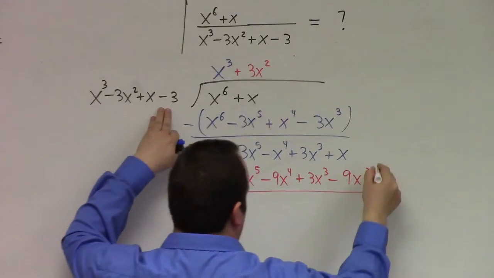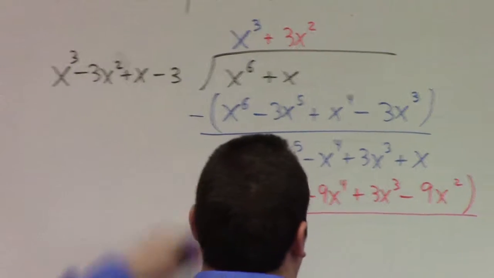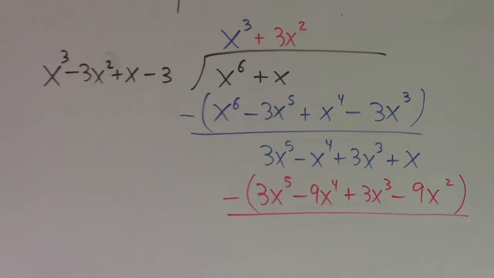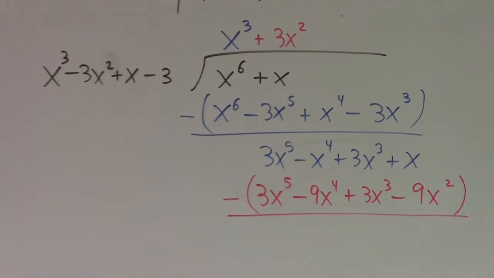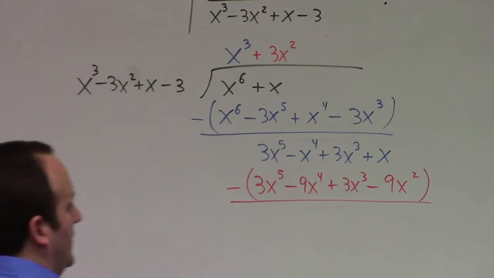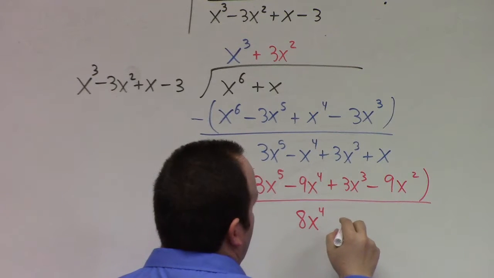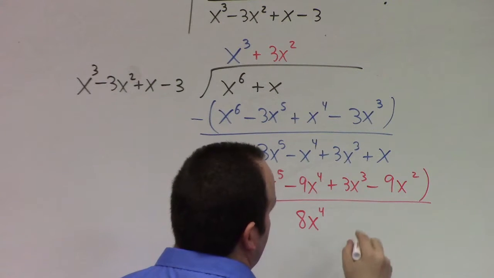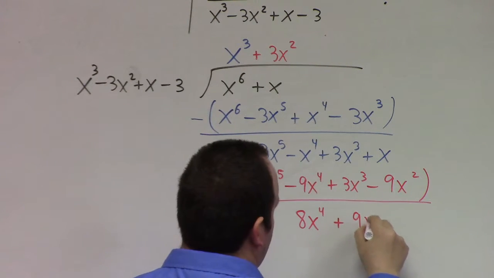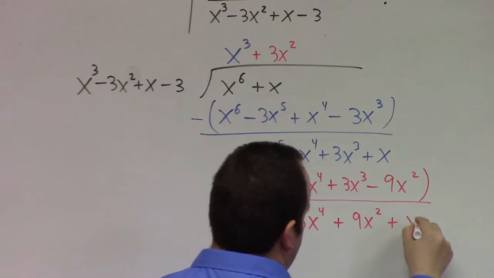Put some parentheses to remind myself I have to subtract that bottom term in red. Of course, the 3x to the 5ths cancel, and we get 8x to the fourth. Oh, those cancel. Cool. Plus 9x squared plus x.